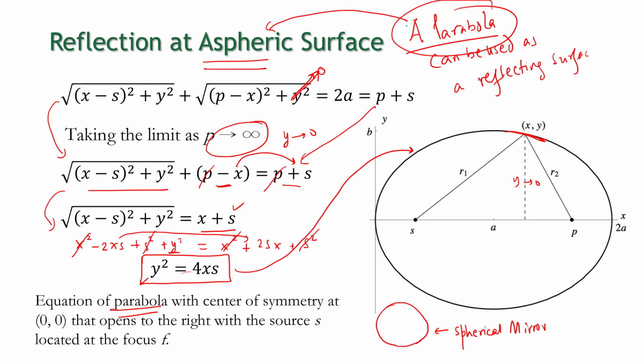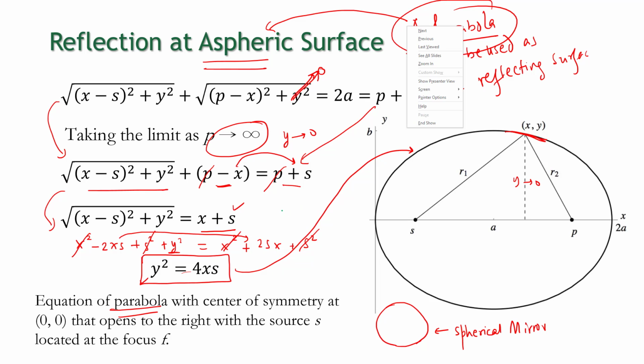So we can use a parabola as a mirror, which is what we use in lots of reflectors. And the parabola has the center of symmetry at 0, 0.